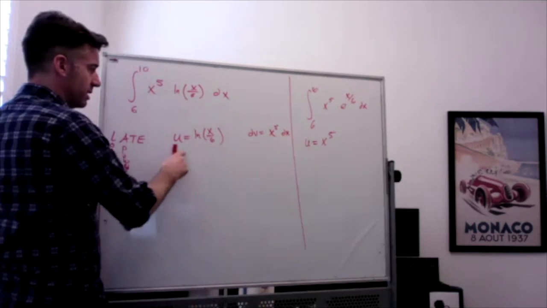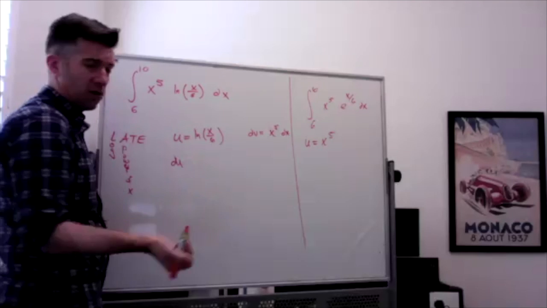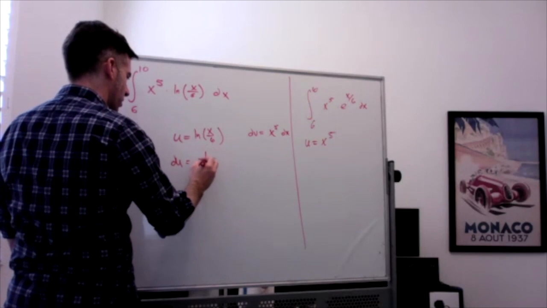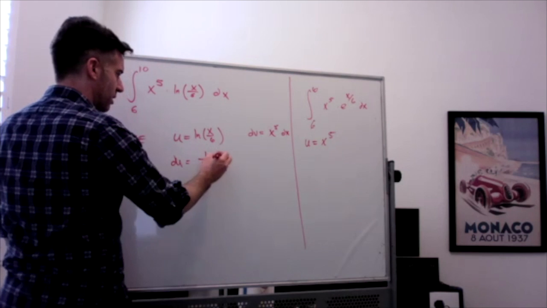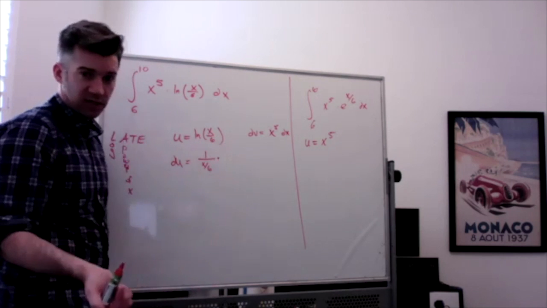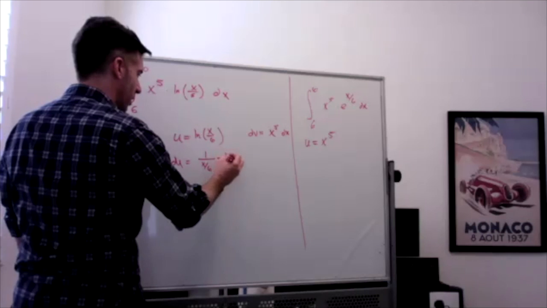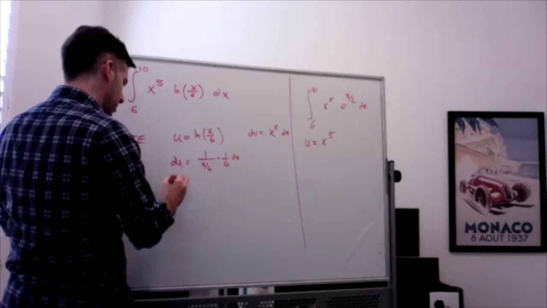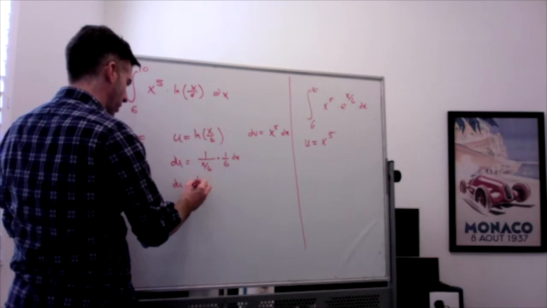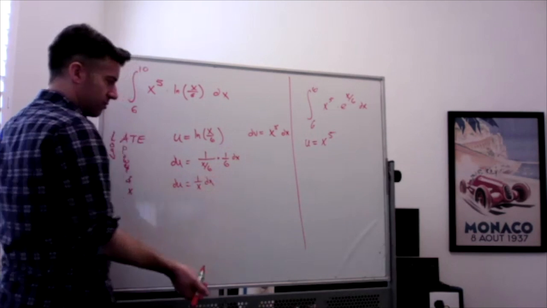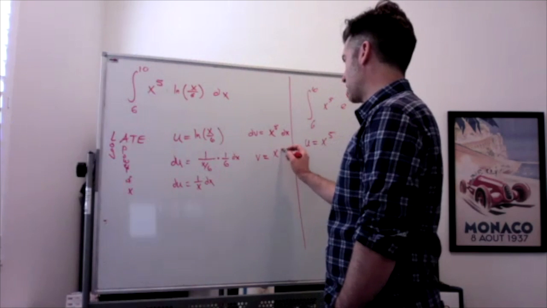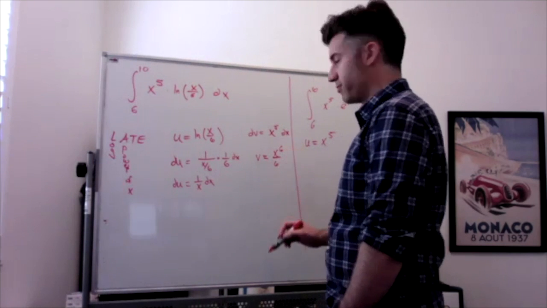Okay, my du, so the derivative of the natural log of x over 6 is 1 over x over 6 times the derivative of x over 6, which is 1/6. And notably, those 6's cancel out. So you just get du is 1 over x dx. v is going to be x to the 6th over 6.